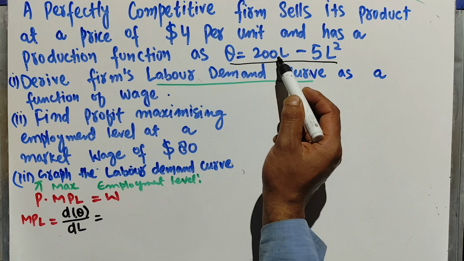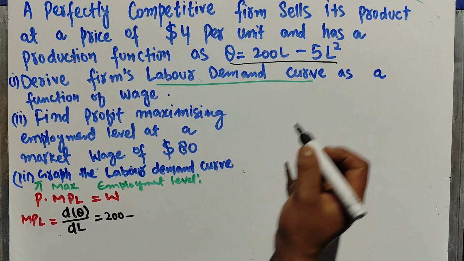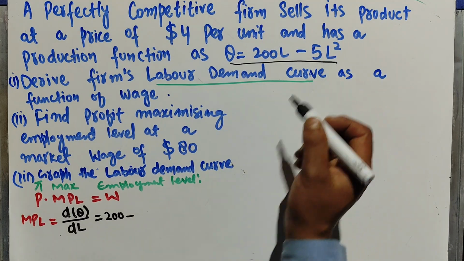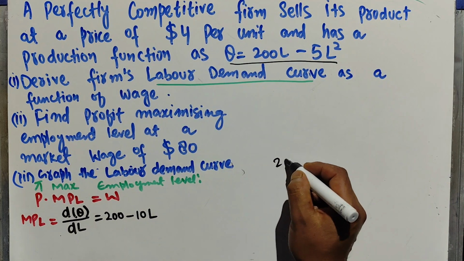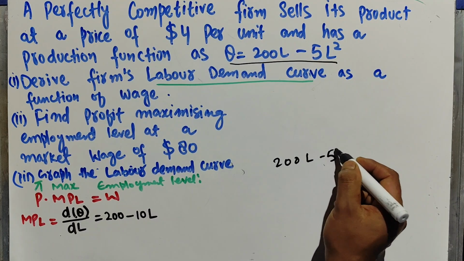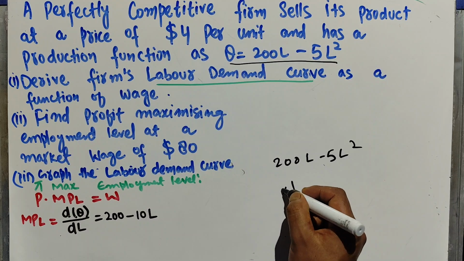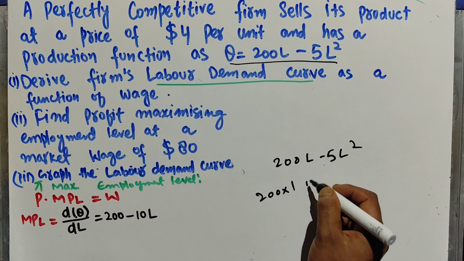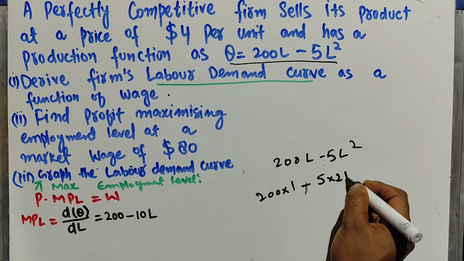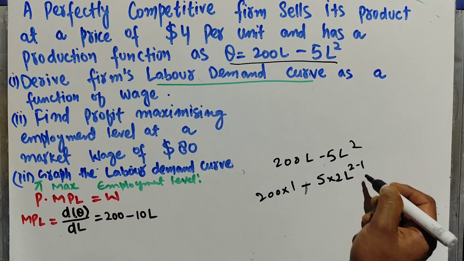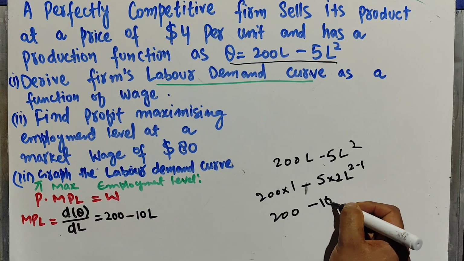The derivative of 200L is 200, and the derivative of 5L² is 5 times 2L, which is 10L. So MPL = 200 - 10L.